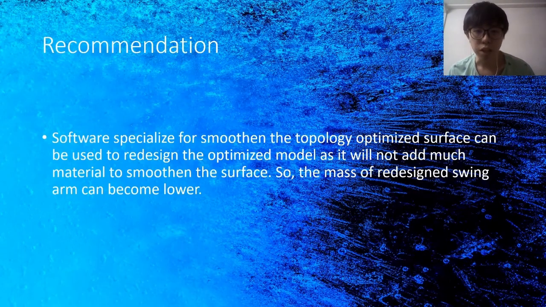For the recommendation, software specialized in smoothing the topology optimized surface can be used to redesign the optimized model, as it will not add much material to smooth the surface, so the mass of the redesigned swing arm can become lower.